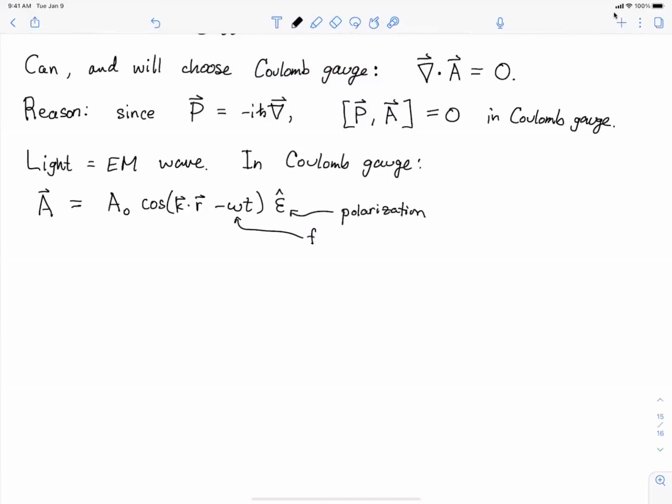Omega is the frequency, the same frequency that goes into our harmonic perturbation. It's equal to kc, where c is the speed of light, and the electric potential in Coulomb gauge is just 0, which is really convenient. Okay, so that term in the Hamiltonian is just going to go away. And then when I do this, I'm going to promote little r the vector to big R the operator.